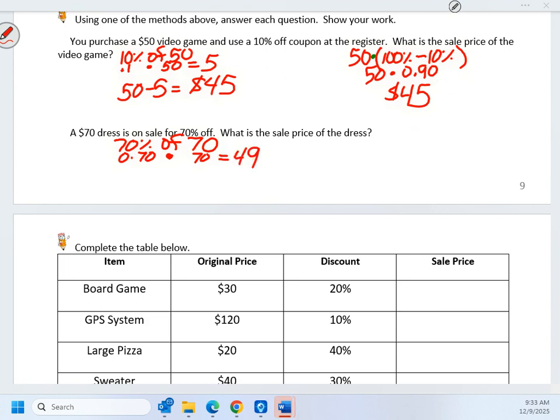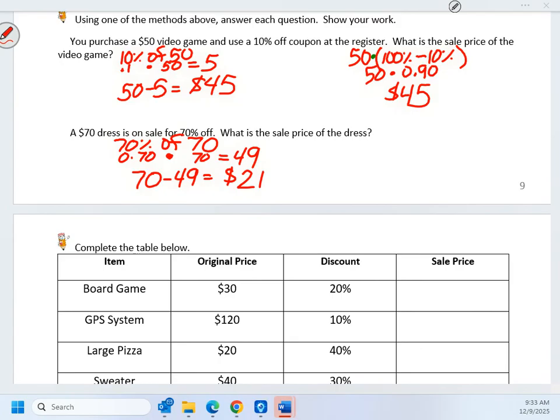Now what do I do? Yeah, I take that amount off and I subtract it. And what do I get? $21. That's a good sale. $70 down to $21? Yes, please.